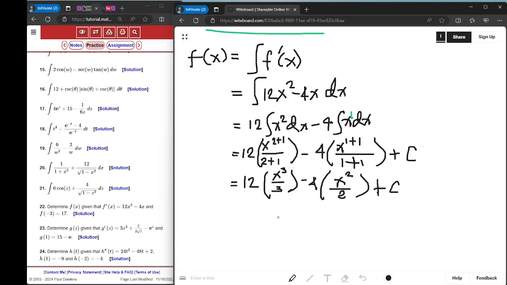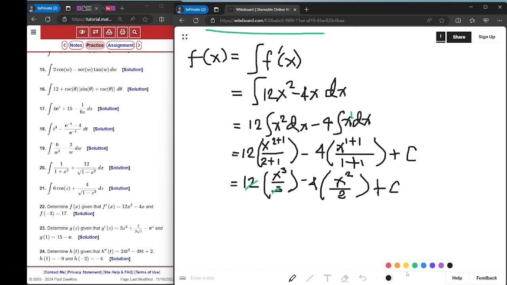So I think I know now what's the use of the given condition that f of negative 3 is equal to 17. I think that can be used in finding c, but let's check later. So we have 12 divided by 3.